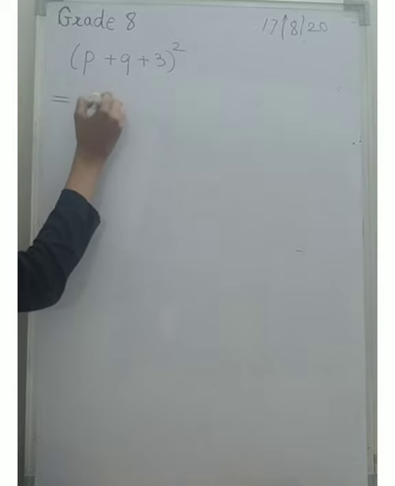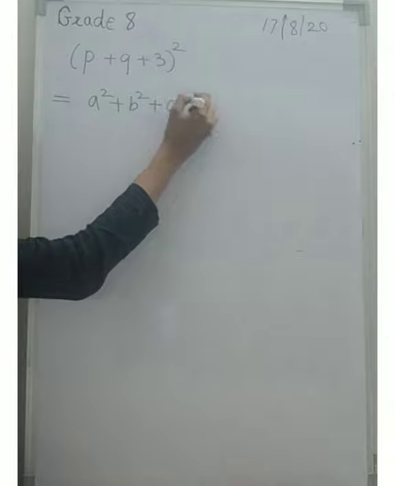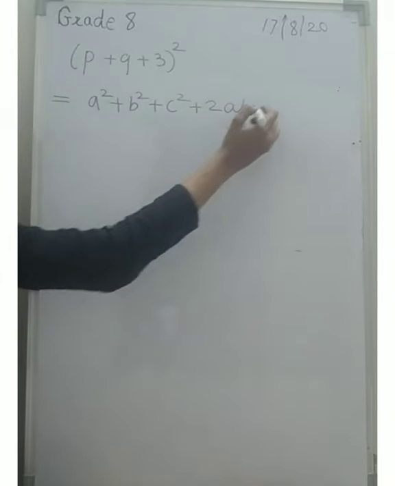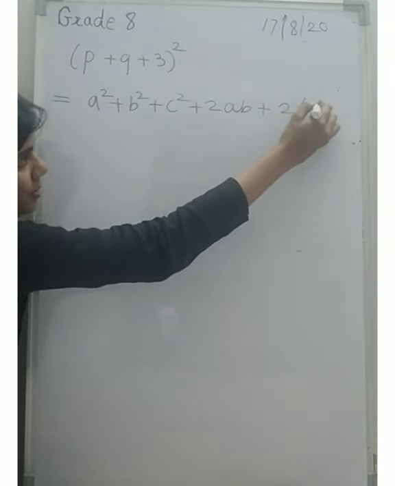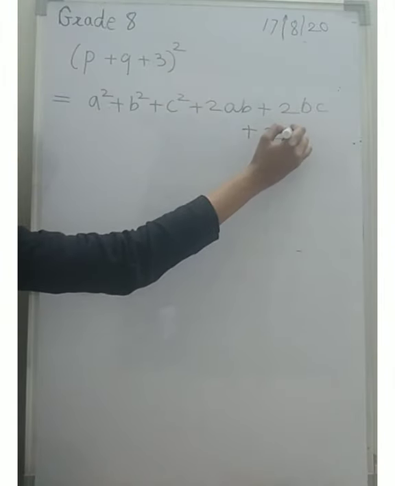Now this is the example: (p + q + 3)². Now you know that a is equal to p, b is equal to q and c is equal to 3. And we also know the formula. What is the formula? a² + b² + c² + 2ab, first and second term, plus 2bc, second and third term, plus 2ac, first and third term.